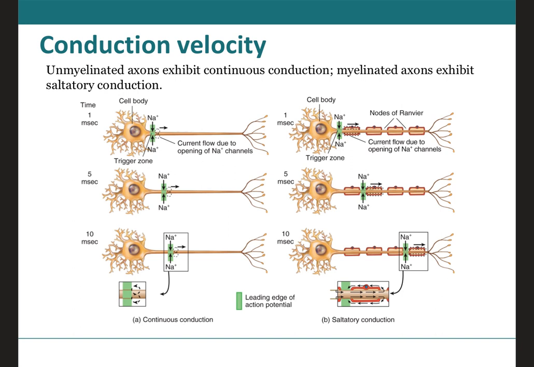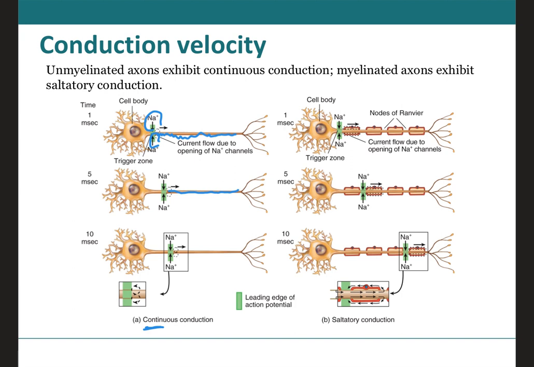In a membrane that's unmyelinated, like we see over here, we have what we call continuous conduction. For the action potential to travel, the membrane has to depolarize along the whole length of the axon, with sodium going into the cell and potassium coming out of the cell along the whole length of the axon.